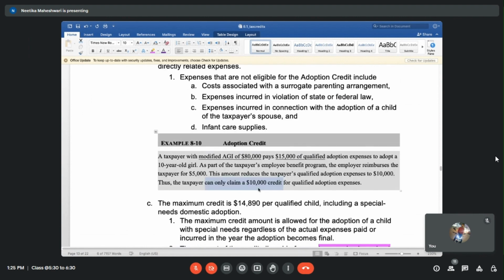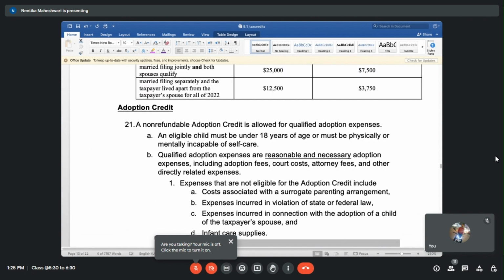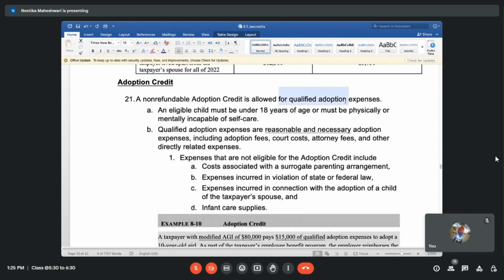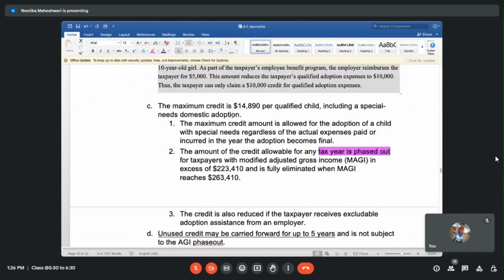Correct. So again, whatever they're putting here is very reasonable, very commonsensical. If the employer is reimbursing, obviously the taxpayer cannot take credit because they can just take credit for the expenses actually going out of their own pocket. Okay. What is qualified adoption expenses? We have already seen that. And this is the maximum credit they can get now.